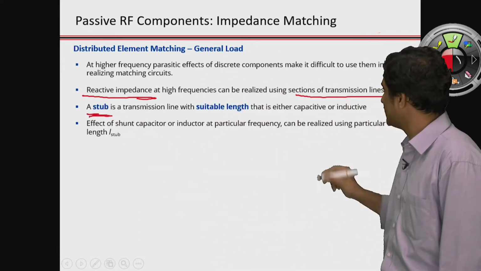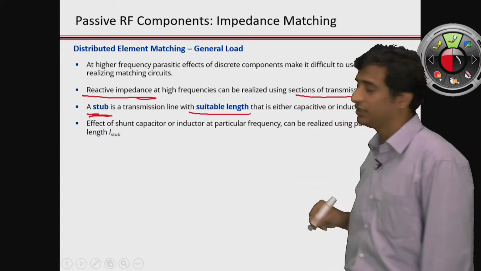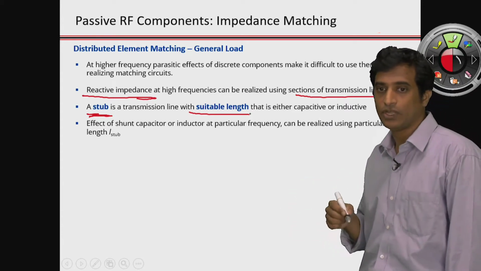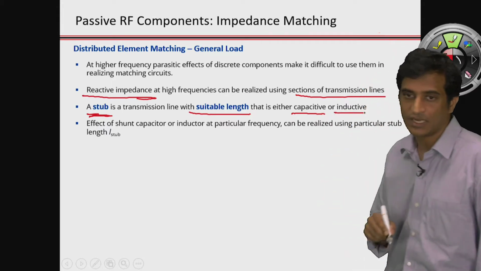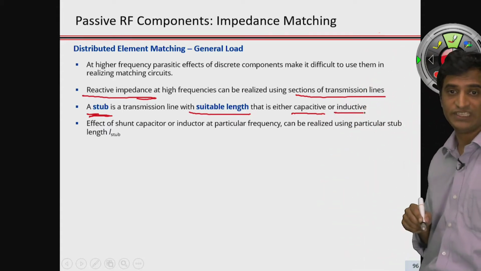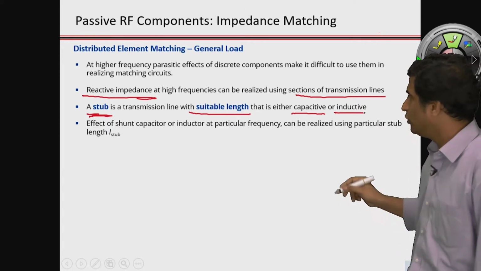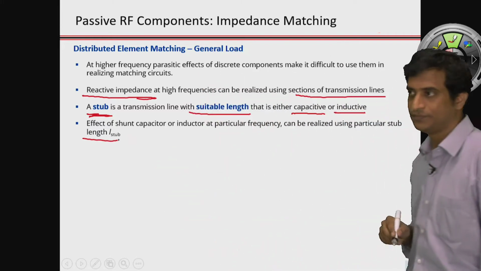This stub is nothing but a transmission line of a suitable length that is terminated by either an open circuit or a short circuit to realize either a capacitive reactance or an inductive reactance. So depending on the operating frequency, the length of the stub can be determined.